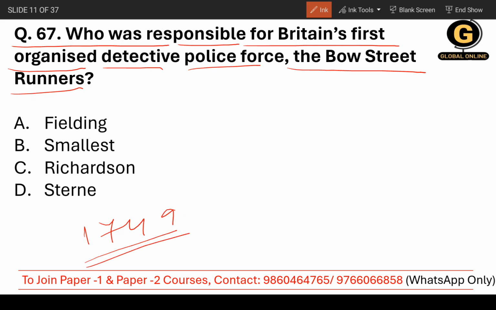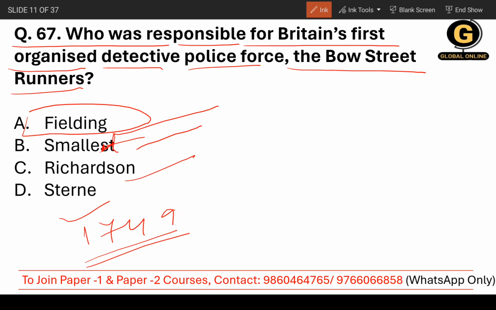Not only a single writer was associated with it, but his brother was also one of them. Whether it's Fielding, Smollett, Richardson or Sterne. So it was Henry Fielding and his brother Sir John Fielding.